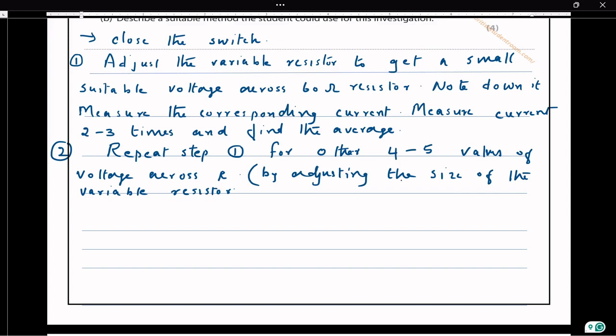Along with that, repeat measuring the currents and averaging them for each value of voltage.